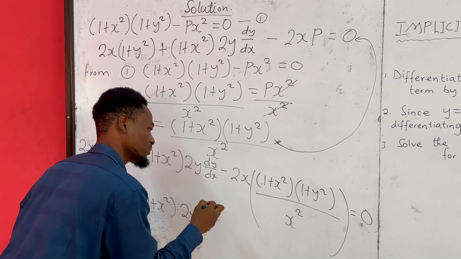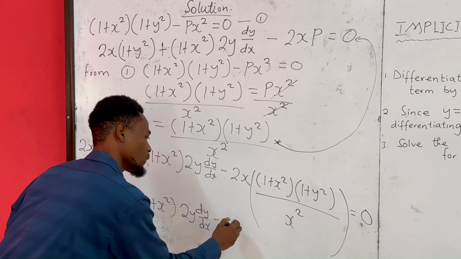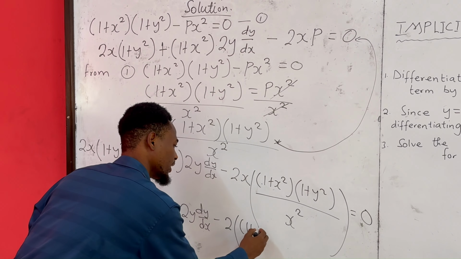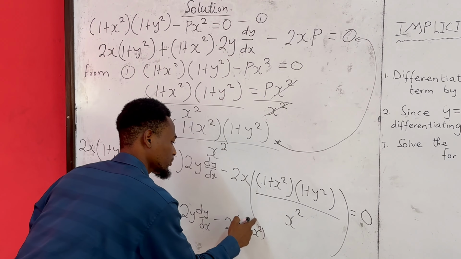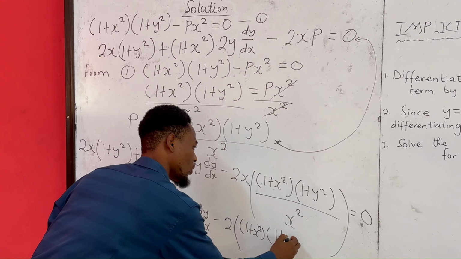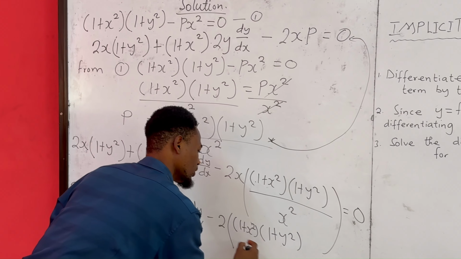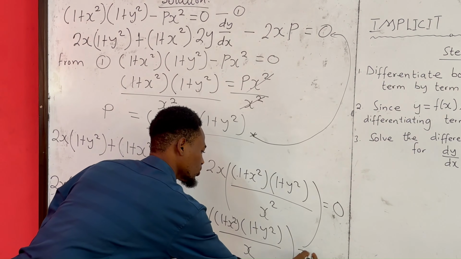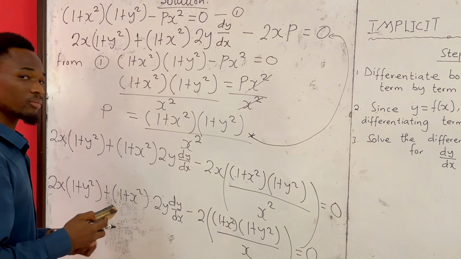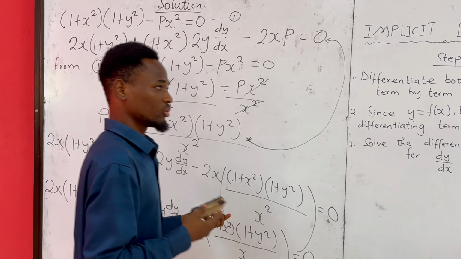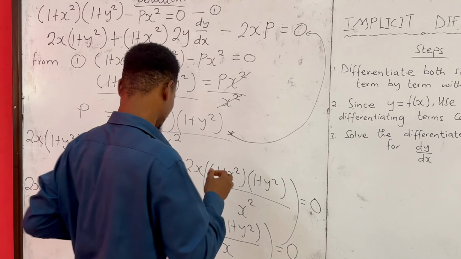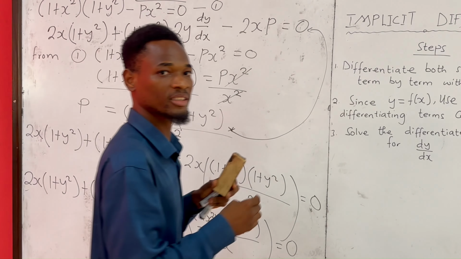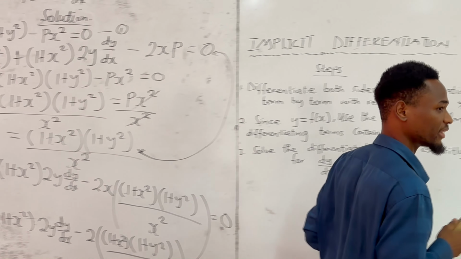So I'll have 2 multiplying 1 plus x² times 1 plus y², all over my x, equal to 0. So for want of space, I'll just rewrite this on the other side and let's proceed from there.